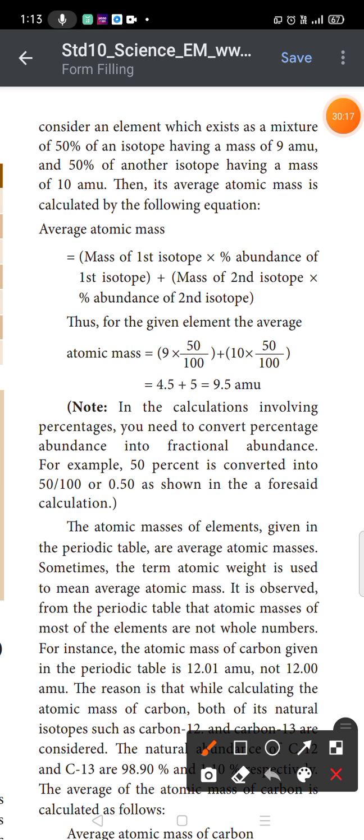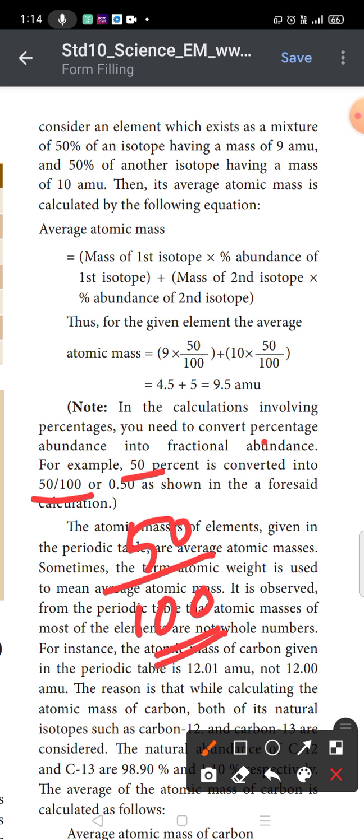Next is a note. In the calculations involving percentages, you need to convert percentage abundance into fractional abundance. That will be easier to calculate. For example, 50% is converted into 50 by 100. After 50 by 100, what you have to do, don't divide it. Yes, there are 2 zeros in the denominator, so the decimal will move 2 digits forward.